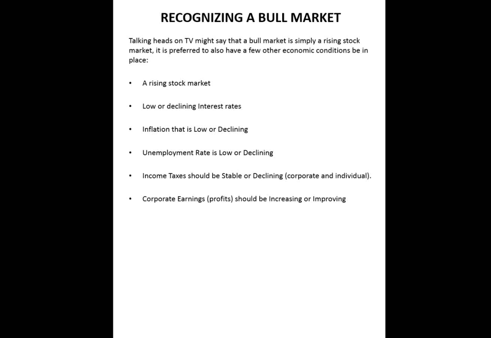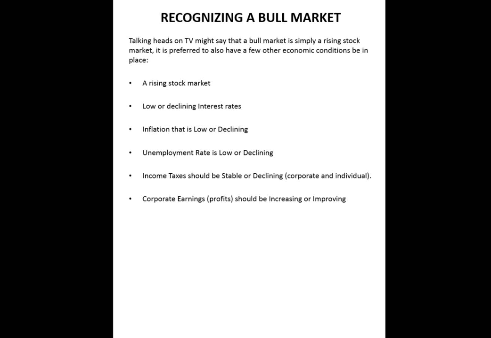A bull market is named after a bull, because when a bull fights, it uses its horns and swings its neck up. So a bull will always swing at you with its horns pointing up, and thus a bull market. When a bear gets in a fight, it lifts its paws up and swats down. So a bear market is swatting down. Bear market goes down, bull market goes up.